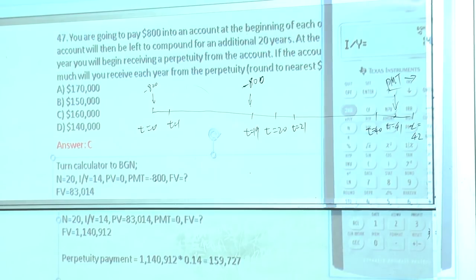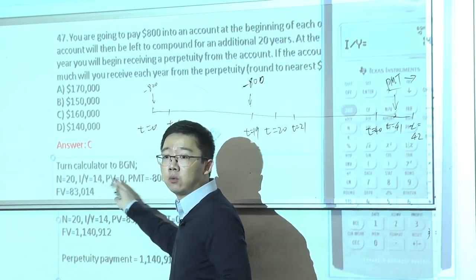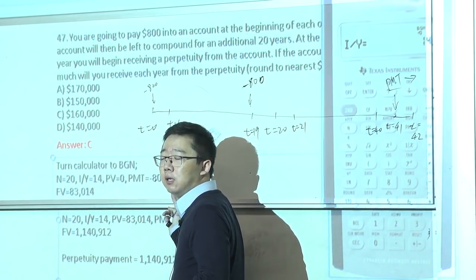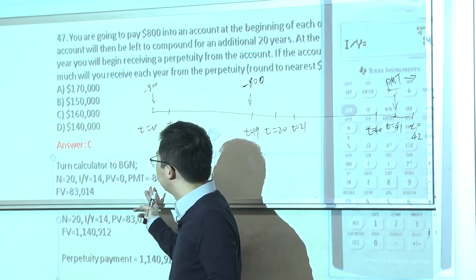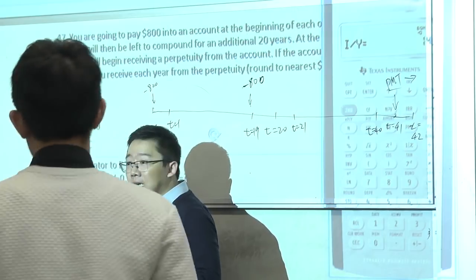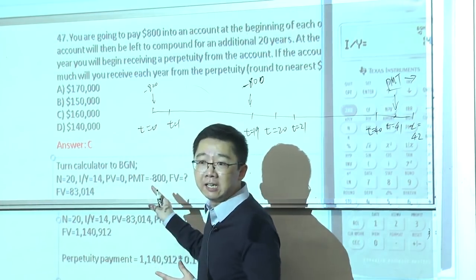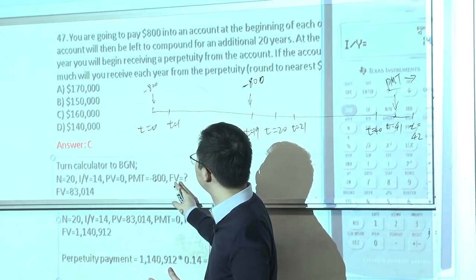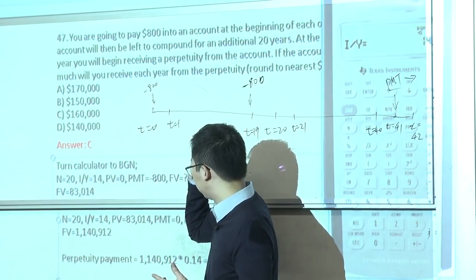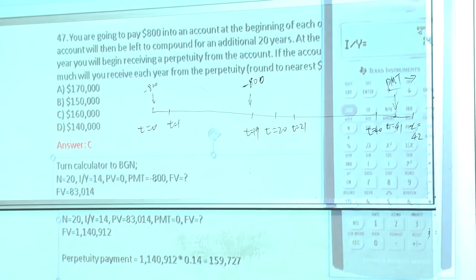I don't know if you can understand this. We're plugging the numbers, but we're assuming the present value of 0. We're calculating for future value. You can split this into two parts. First, calculate the present value, and let it compound for 20 years to a future value. So this seems a little complicated, and I'm not very comfortable with it. We can try alternative ones.